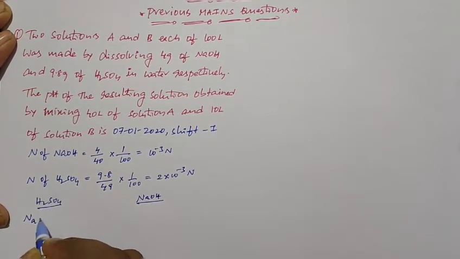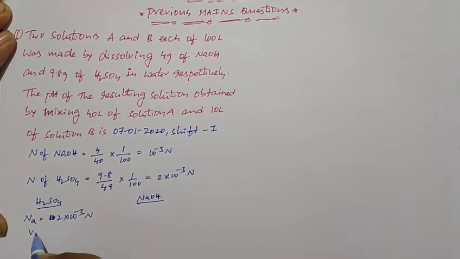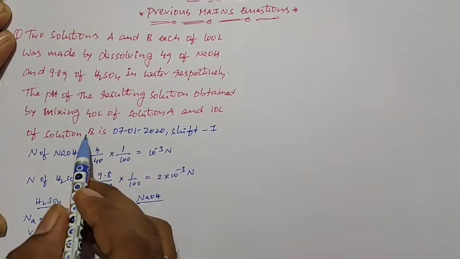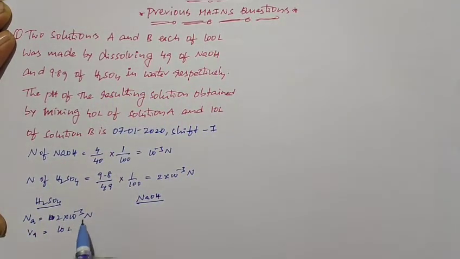For H2SO4, normality is 2 into 10 power minus 3 normal, and volume is 10 liters. They said to take 10 liters of solution B. Here solution B is H2SO4, so the volume of H2SO4 is 10 liters.